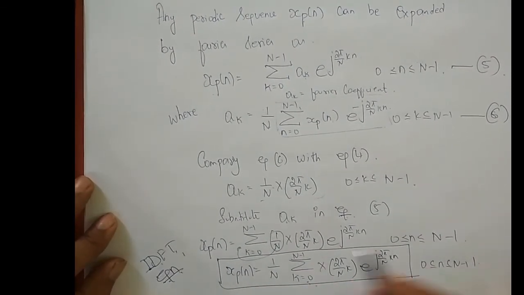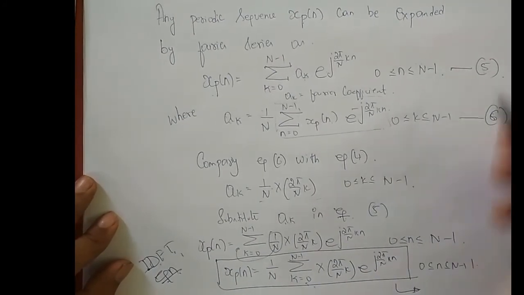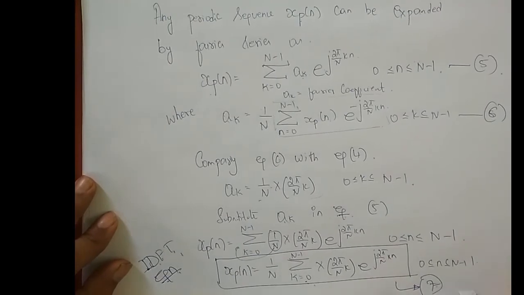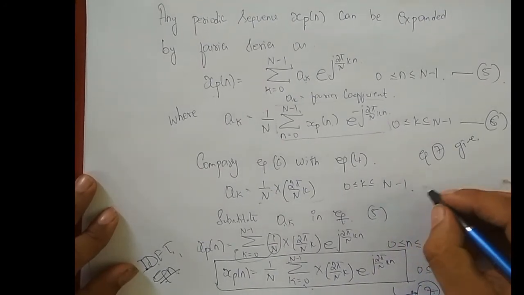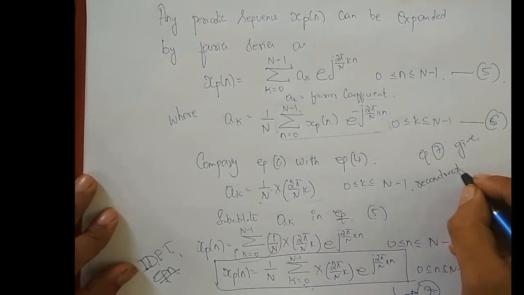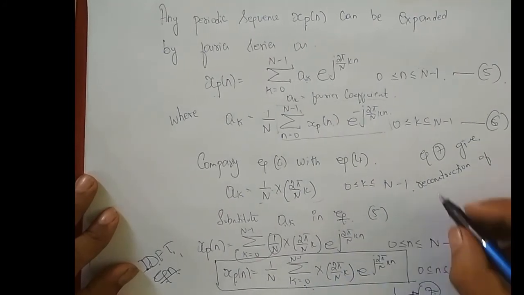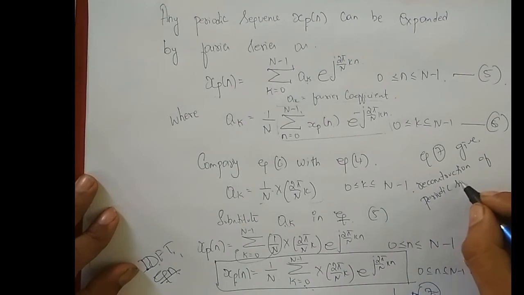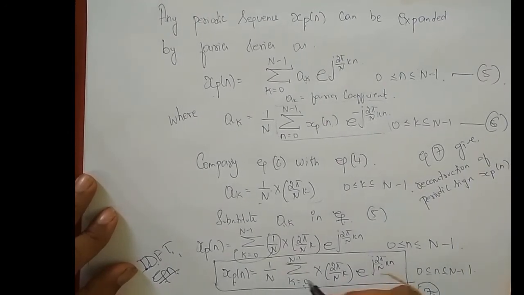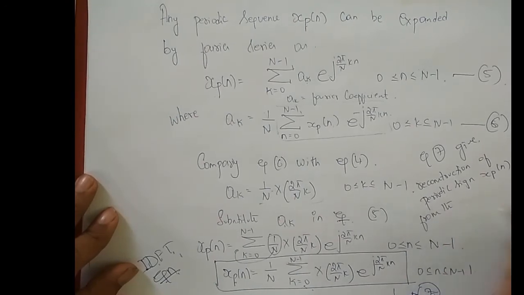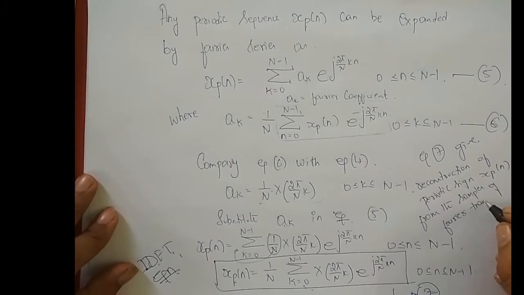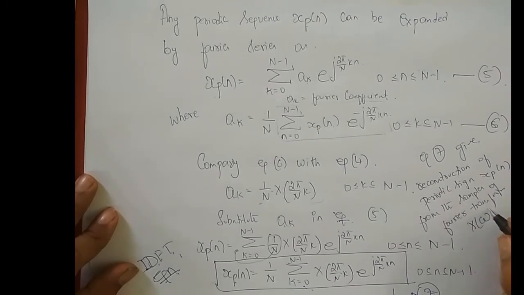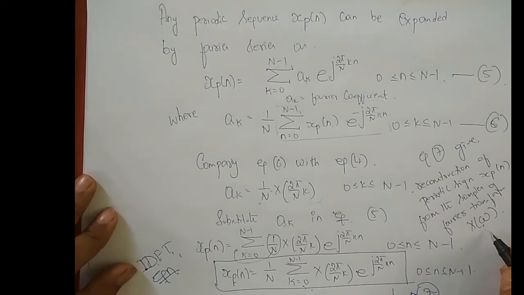And if I call this equation 7, equation 7 gives the reconstruction of this periodic signal x p of n from the samples of the Fourier transform X of omega, which we discussed in the earlier part of the derivation.